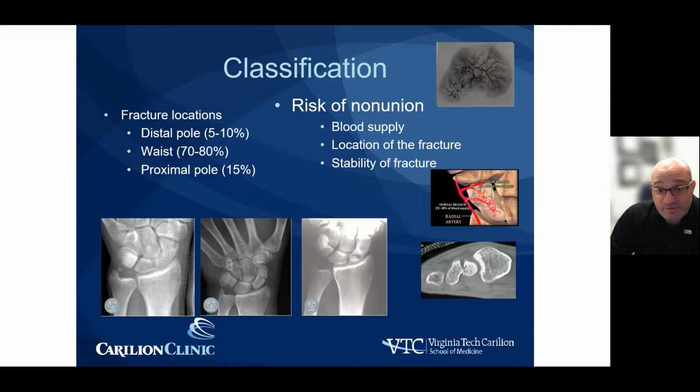Distal pole fractures are very uncommon, but they occur mostly in children, and due to their good blood supply, they usually have a good prognosis. Waist fractures are 70 to 80% of scaphoid fractures, and 15% of them are in the proximal pole.